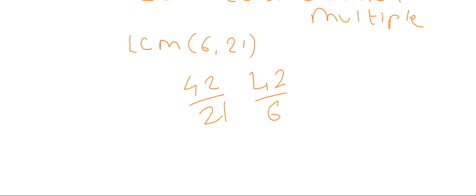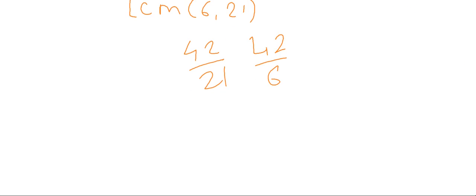Now, how to find this LCM? The same way you find the GCD, right? So we know the factors of 6 are 3 and 2, and the factors of 21 are 7 and 3, right?